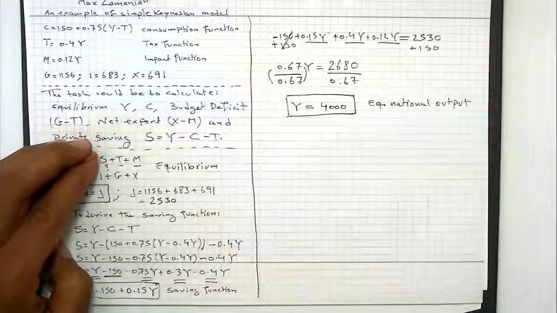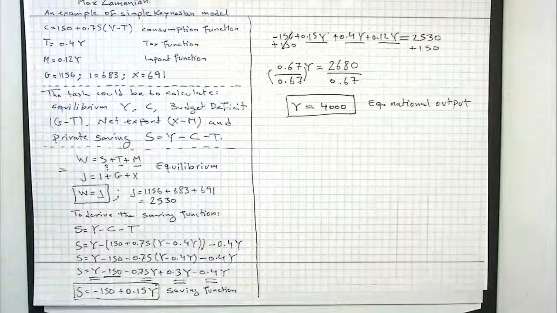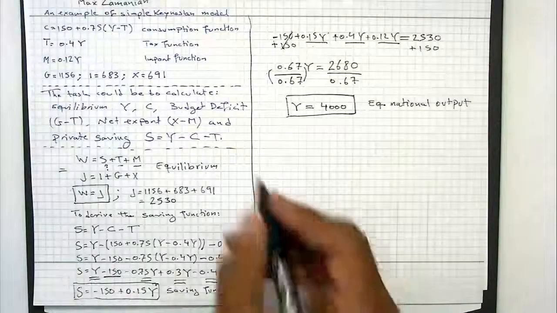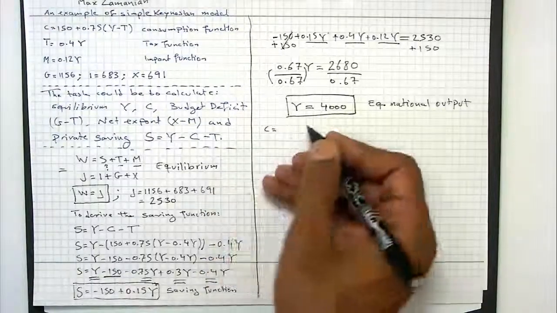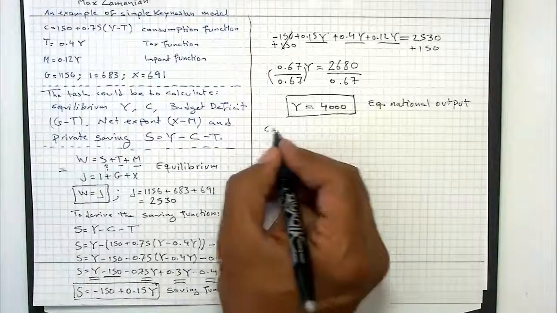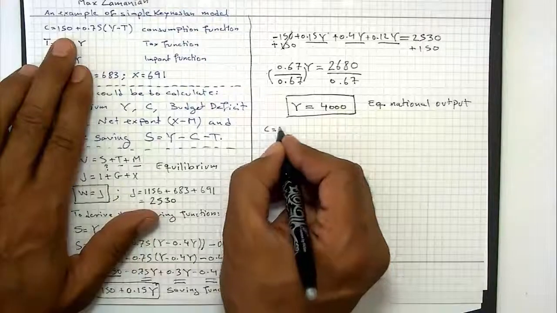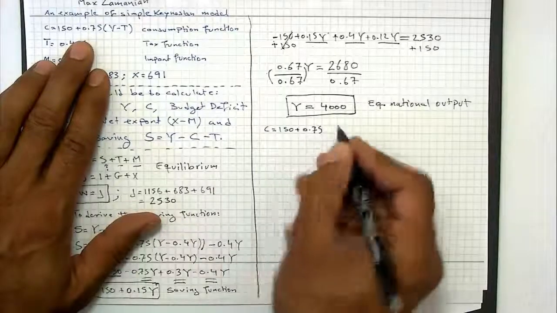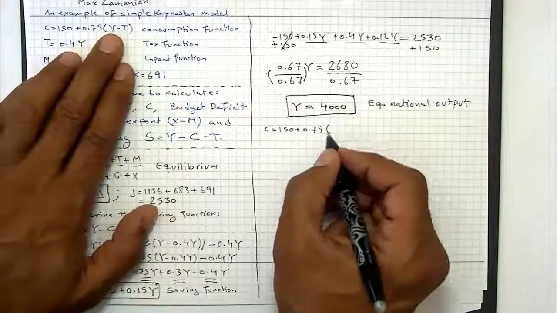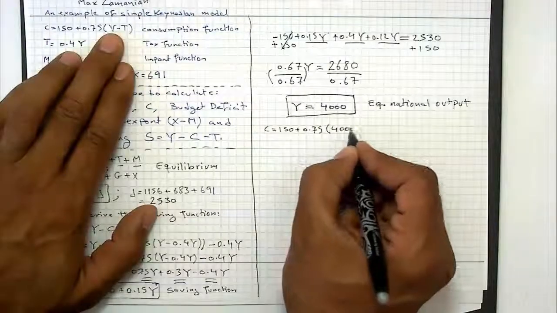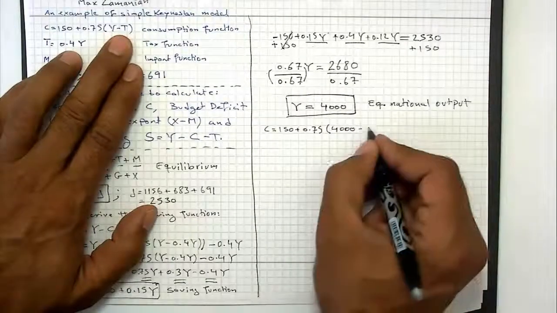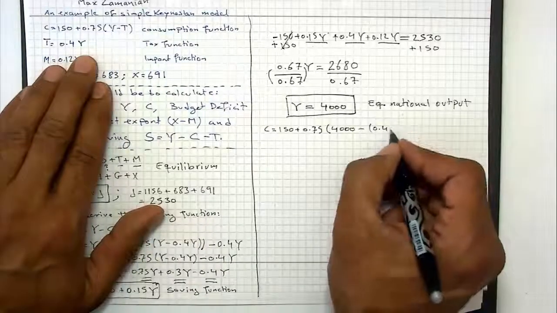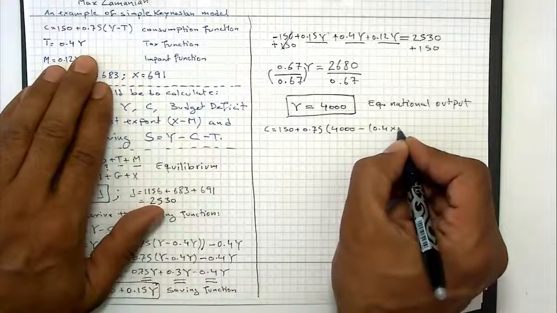All right. Now we can use this to derive the equilibrium level of the other items, for example, consumption. We use this function here, 150 plus 0.75 of disposable income, which is 4,000, the national income, minus taxes, that is a function here, 0.4 times 4,000.